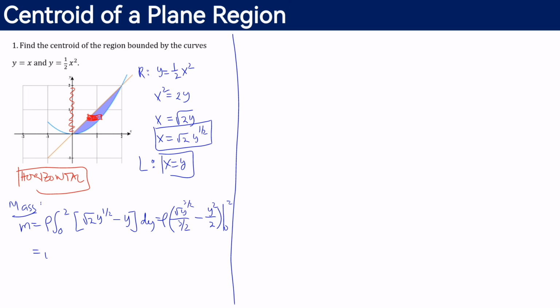So I have rho, and when y is 2, this is the square root of 2 cubed times 2 over 3 minus, when y is 2, this is 2.